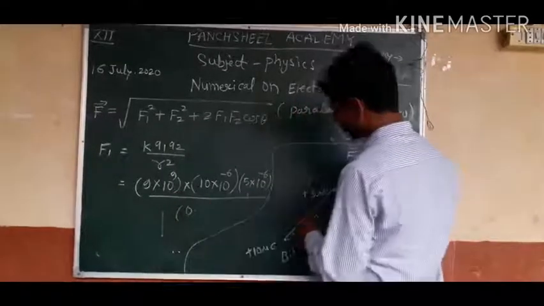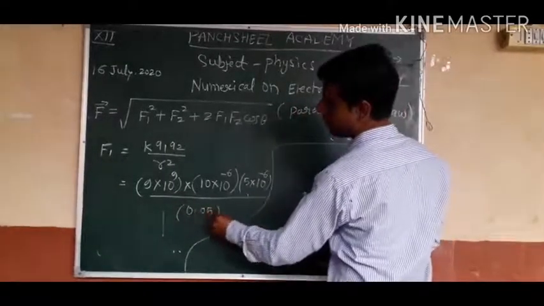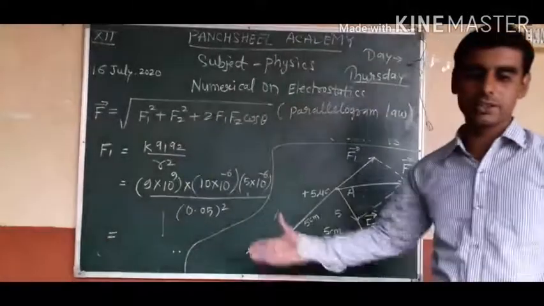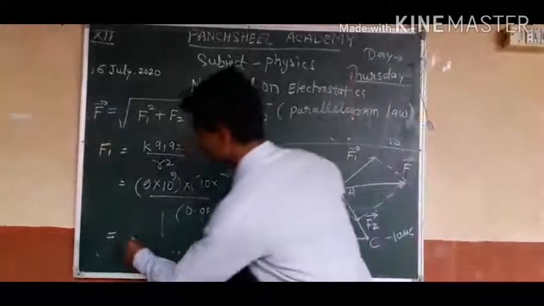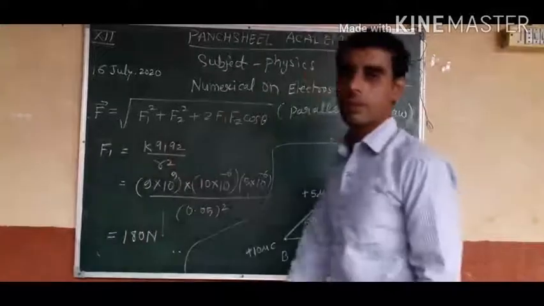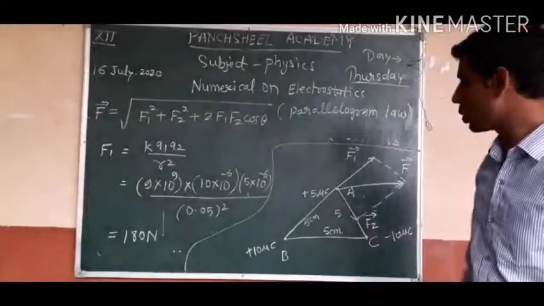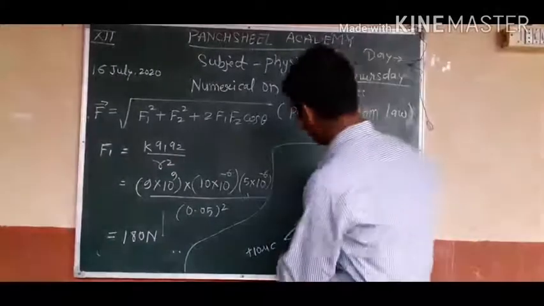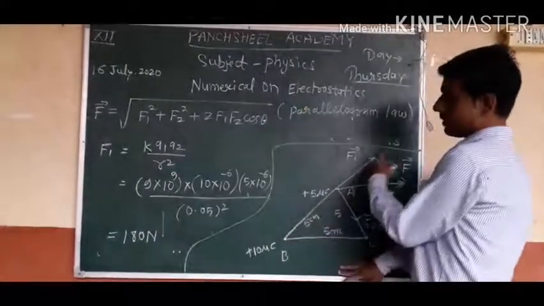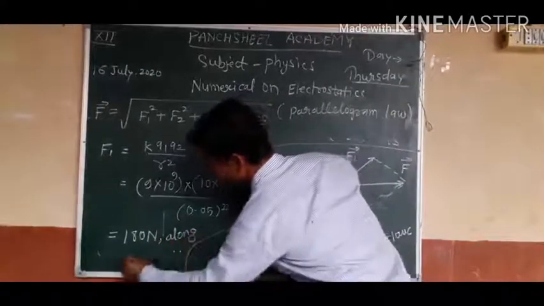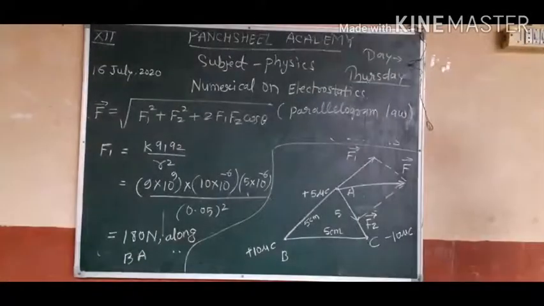R square means 5 centimeter, that is 0.05 whole square. If you calculate these things, then you will get the answer 180 Newton, because force is always measured in Newton. And what is the direction of F1? F1 is along BA. This is the value of F1.